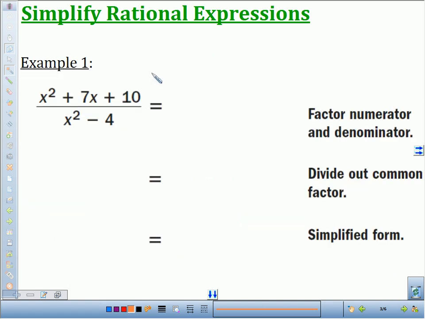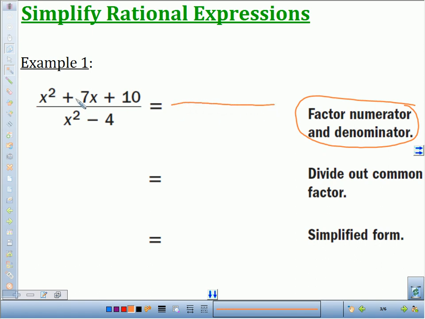For instance, example 1, we want to simplify x squared plus 7x plus 10 over x squared minus 4. The first step is to factor the numerator and the denominator.